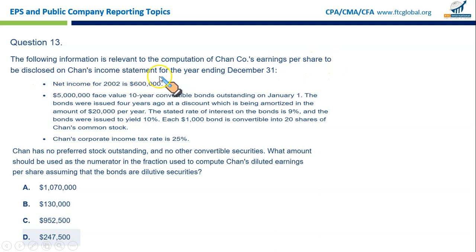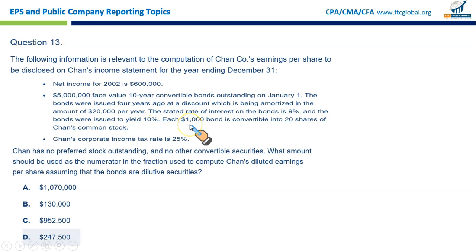The following information is relevant to the computation of Chen Company's earning per share to be disclosed on Chen's income statement for the year ending December 31st. Net income for 2002, $600,000. Okay, what else do we have? $5 million face value 10 years convertible bonds outstanding on January 1st. The bonds were issued 4 years ago at a discount which is being amortized in the amount of $20,000 per year. The stated rate of interest on the bond is 9%, and the bonds were issued to yield 10%.